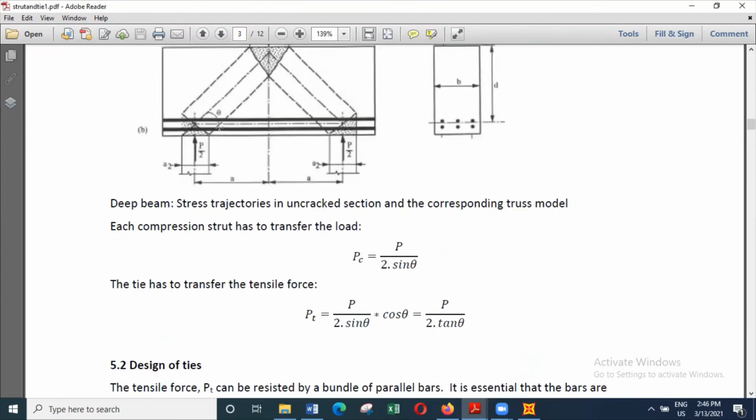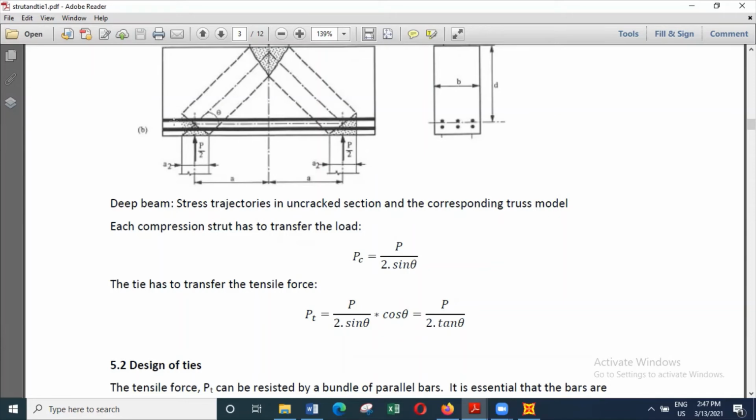So basically what it says is, when you have this reinforcement, it has to be properly anchored either as a straight bar. If the length of the straight bar is too much, we can bend this bar upwards.